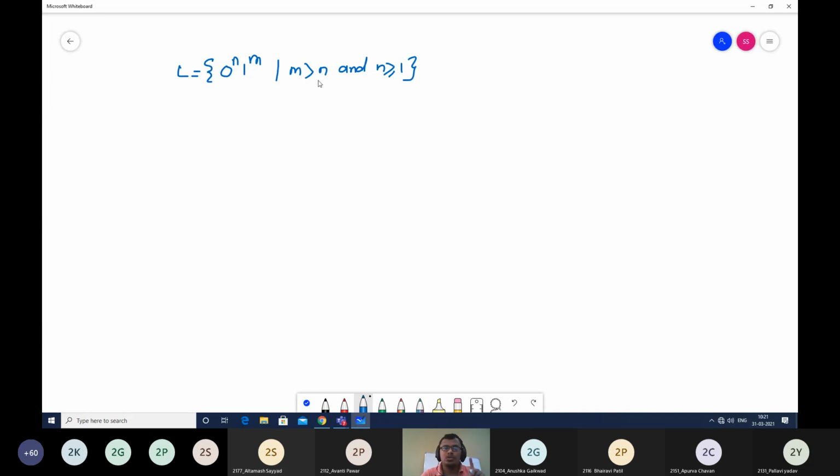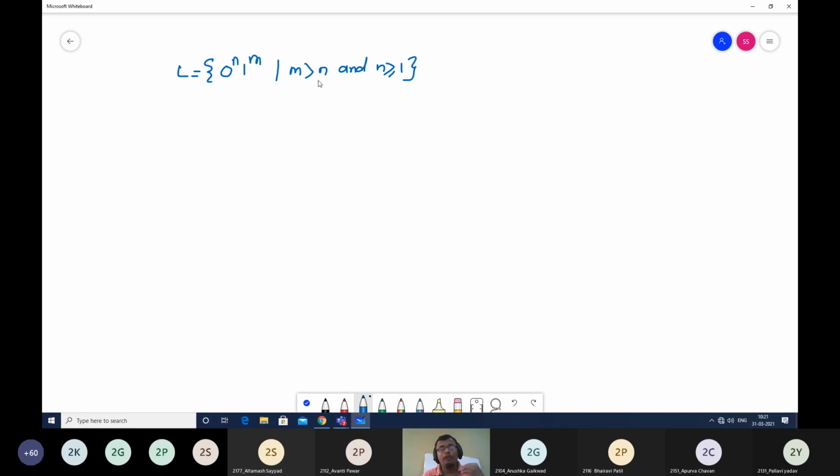If my value of n is 1, the minimum value for m will be 2. Then m can be 3 also, 4 also, 5 also, and so on. Because m is greater than n, the first value of m will be 2, then the next values could be 3, 4, 5, and so on.